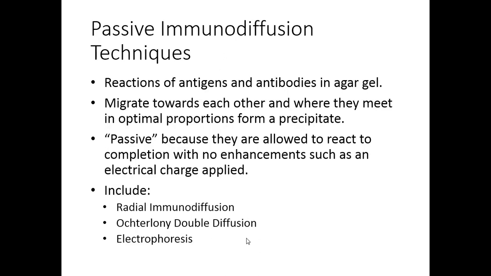The next kind of precipitation test we're going to look at is called passive immunodiffusion techniques. And this is a test where antigen and antibody complexes can be measured, not in fluid like we just saw with precipitation reactions, but they precipitate in a gel. They precipitate in an agar gel, something that's a support medium.